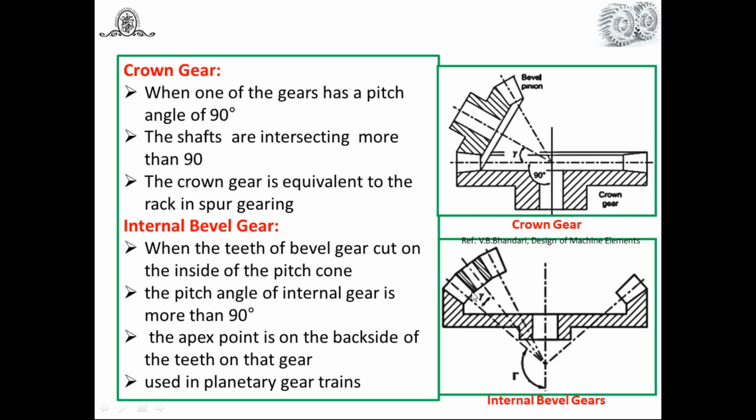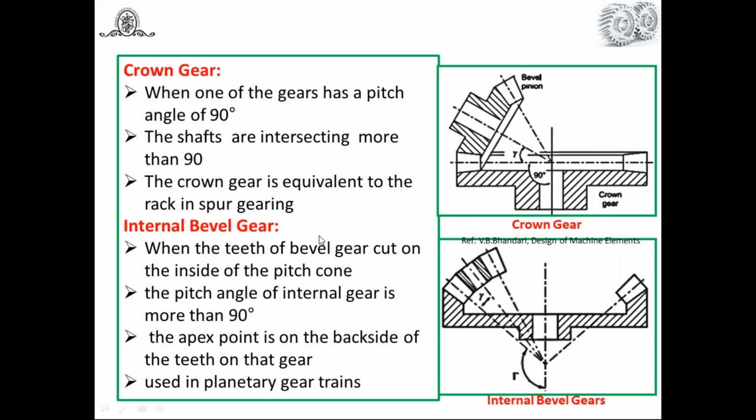This pitch line makes an angle with this bevel gear. This is the axis. How much is the angle? Up to this it's 90, and then you add this angle, so you get 90 plus some angle for this pitch. So it's greater than 90 degree. The pitch angle of the internal gear is more than 90 degree. Okay, so you can see it's an internal bevel gear.